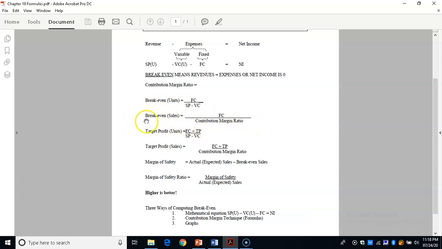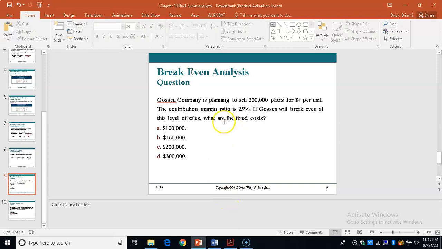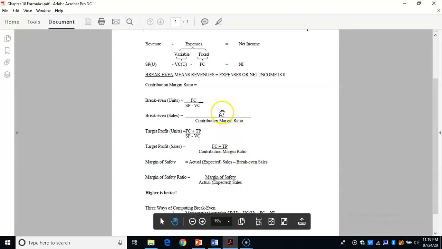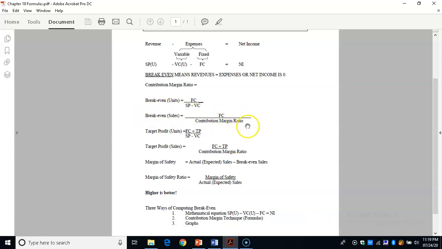See, it says break-even sales, and then it says contribution margin. So we've got two things here. And then look at the question. It's saying, what are the fixed costs? This is like a gift. We have to figure out the fixed cost, right? So if we use this formula, we have everything except for the fixed cost.